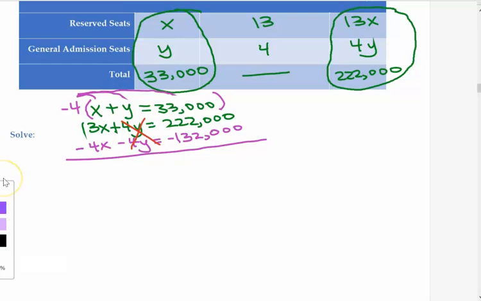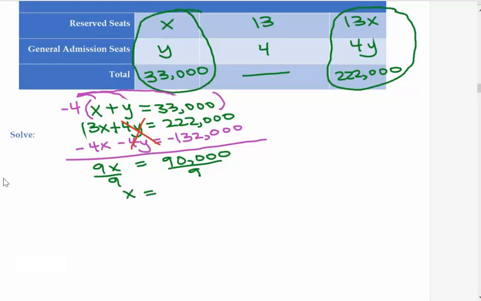I've got 13x minus 4x, which gives me 9x. And then 222,000 minus 132,000 is going to leave me with 90,000. I subtract those. All right, and then all that's left to do now is divide by 9.